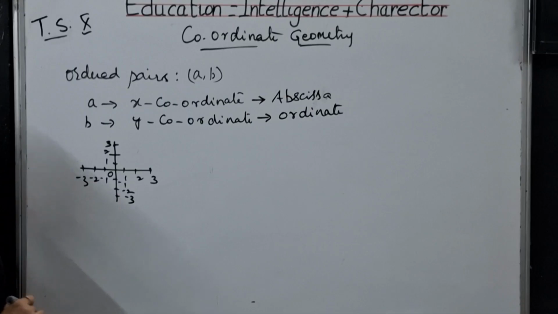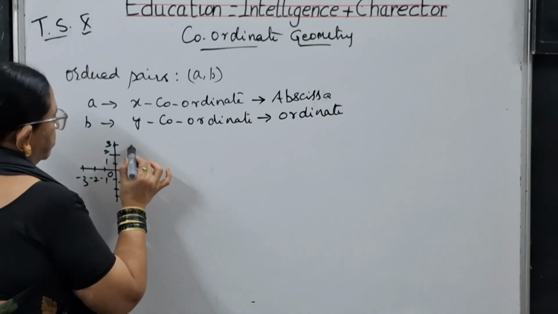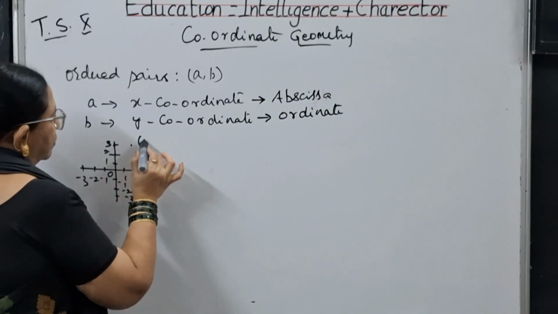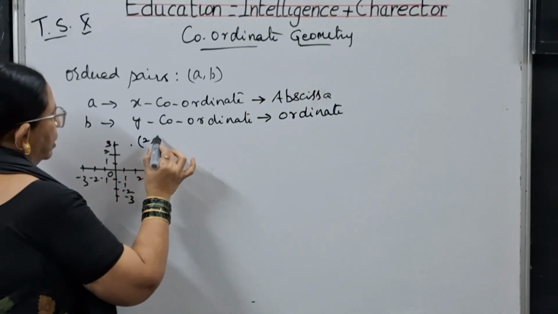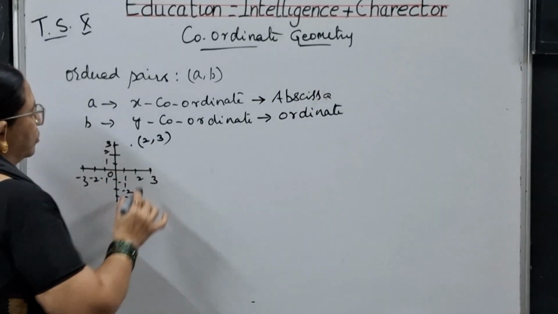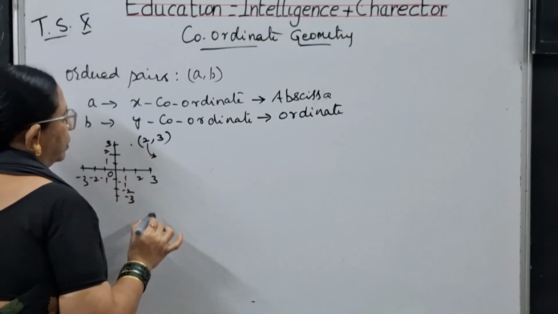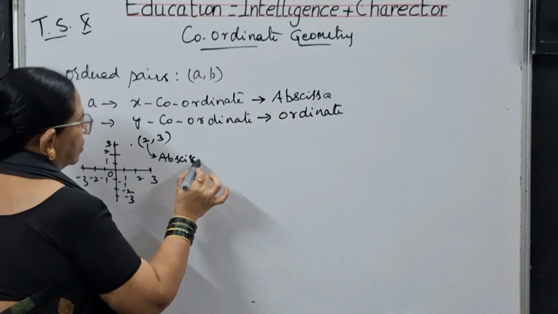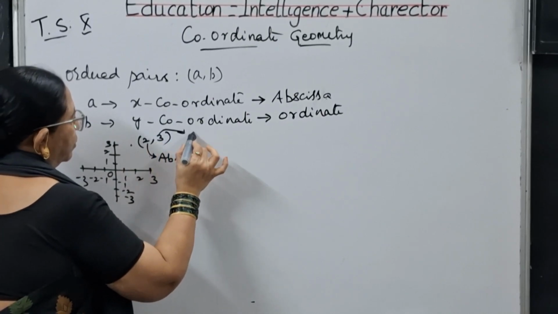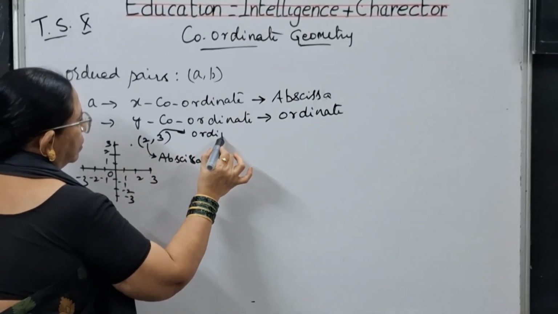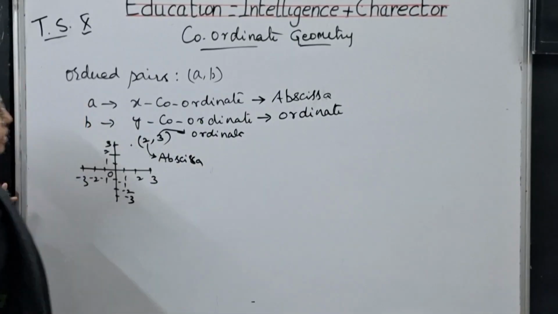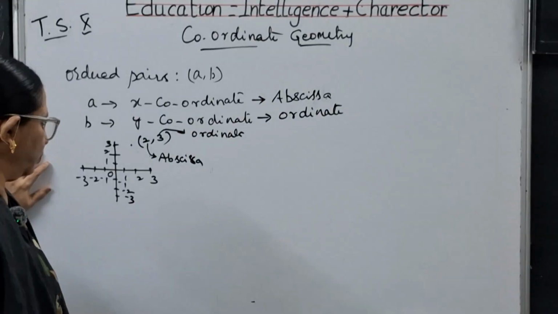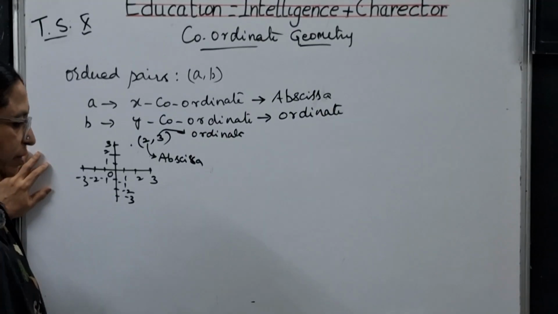So if you are keeping a point, suppose I have kept a point here, under x coordinate it is 2, under y coordinate it is 3. So now this 2 is x coordinate or abscissa, and this 3 is y coordinate or ordinate. So abscissa and ordinate are the names given to general points.